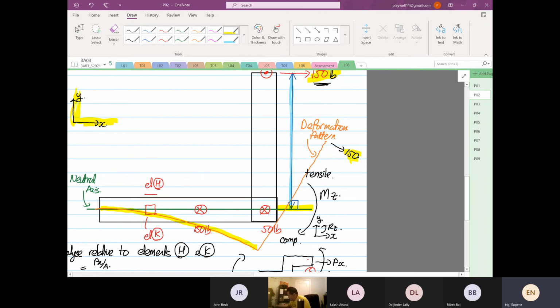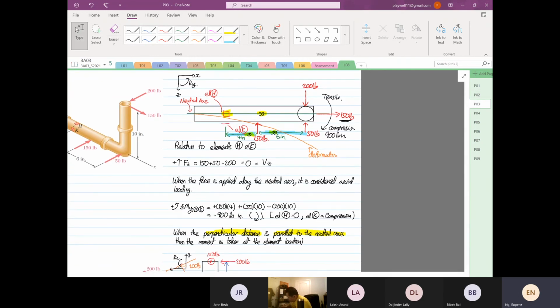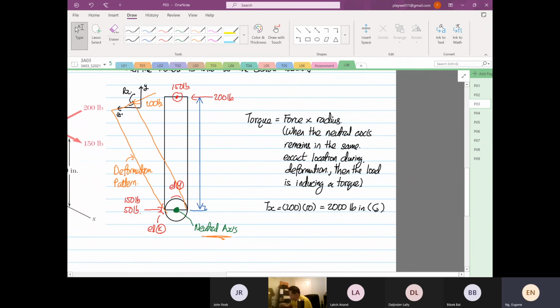That's one thing that we learn. And then we learn also what? When the applied force is along the neutral axis, then it's under the what? Axial loading consideration. Okay, and then in terms of torque, an important thing: when the neutral axis remains in the same exact location during deformation, then the load is inducing a torque.